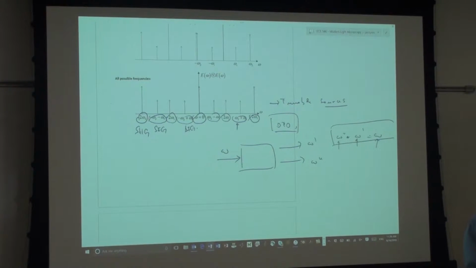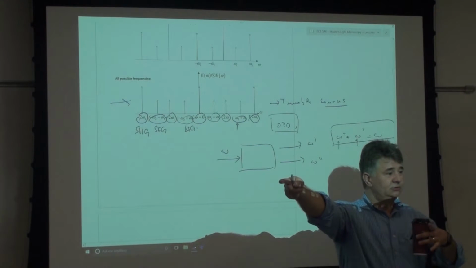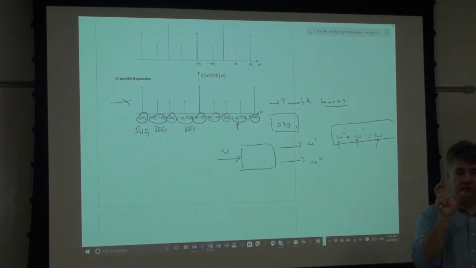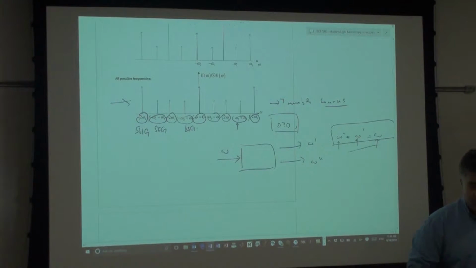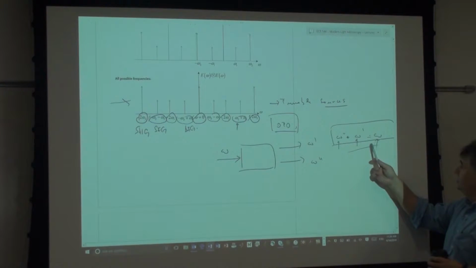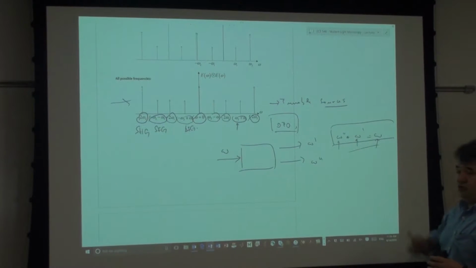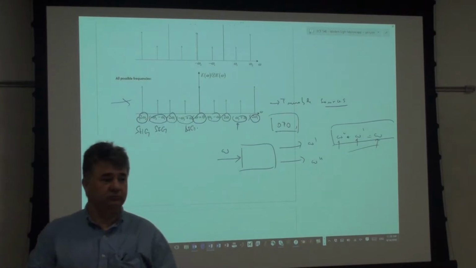So in the first example, we have omega 1, omega 2, and I get their sum out. But it also goes backwards. I can put 1 photon in, and it will give me 2 out, such that their frequencies add up. So that's really very interesting because you can generate 2 new frequencies. Usually one is not very useful.